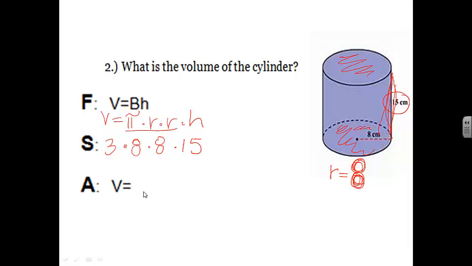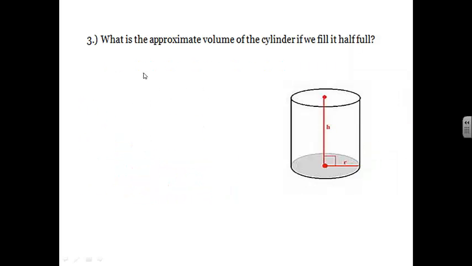Now, for time's sake, I'm going to go ahead and give you the answer, or please pause me and try it and see if you get the same answer. Okay, 2,880 centimeters cubed. So remember, we're using cubed because now we're doing volume. Easy as that.